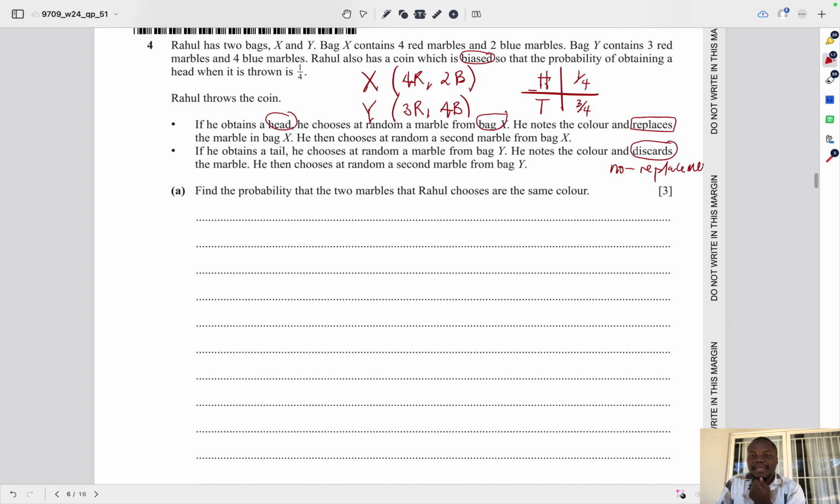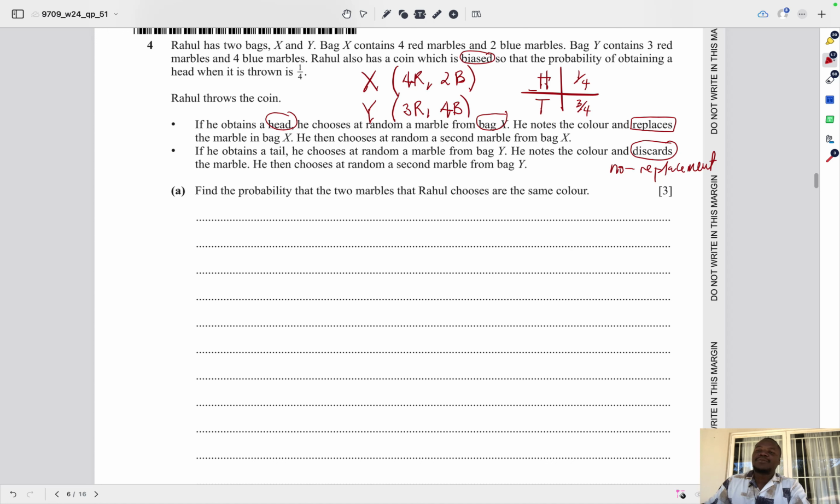So this simply means we are going to touch bag X only when we've obtained heads. And then we are going to choose from bag Y only when we obtain tails. All right. So the first probability as to what we pick, either bag X or bag Y, has to do with what we've got for heads or tails.